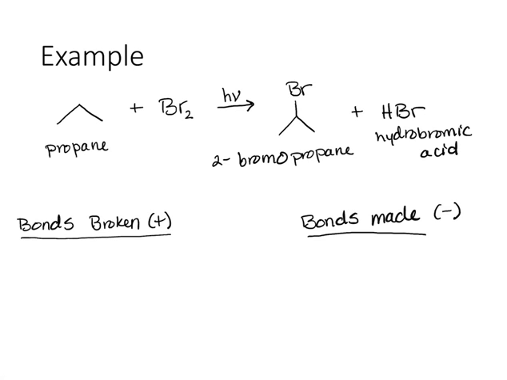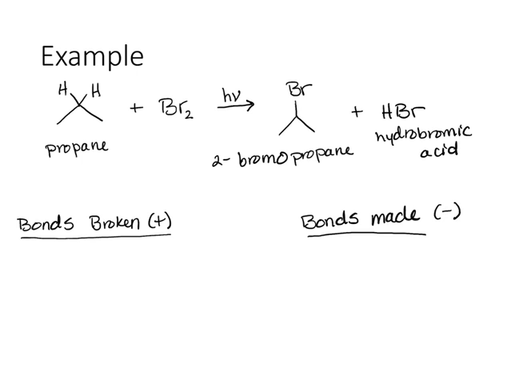Okay, so we're going to use table 6.1 to find the energies of each of the bonds that are broken and each of the bonds that are made. So first, let's try to identify which bonds are broken and which bonds are made. So let's look at propane versus the product 2-bromopropane. Now, originally at carbon 2, we had 2 hydrogens.